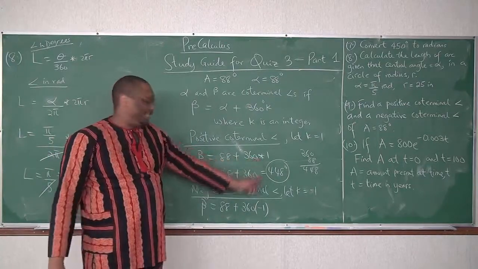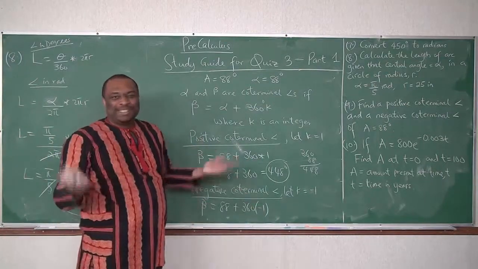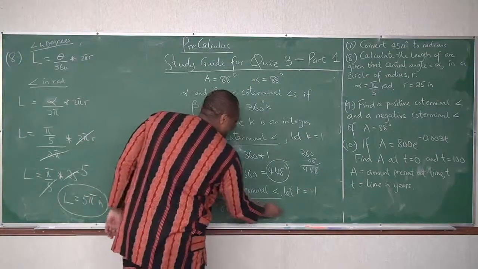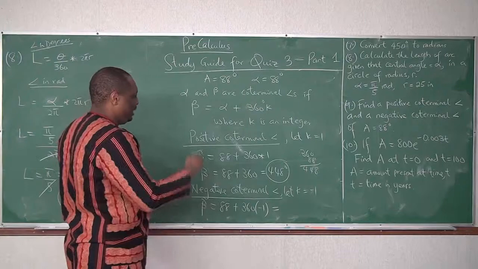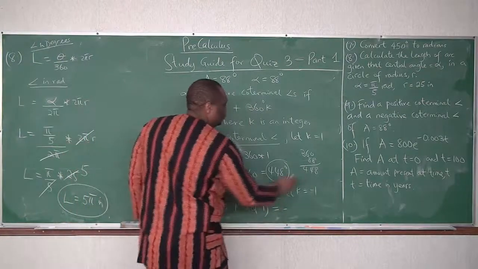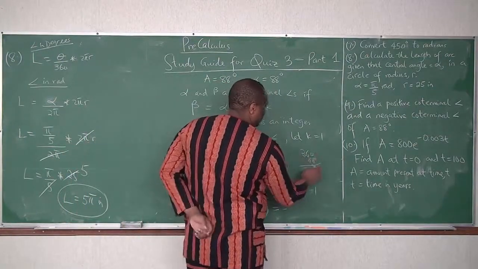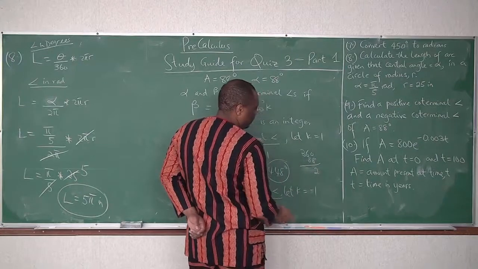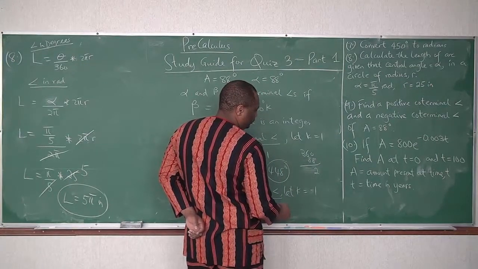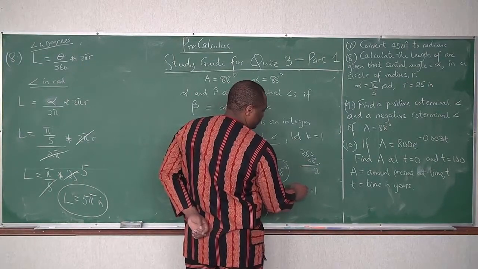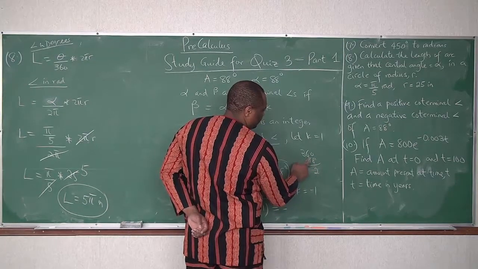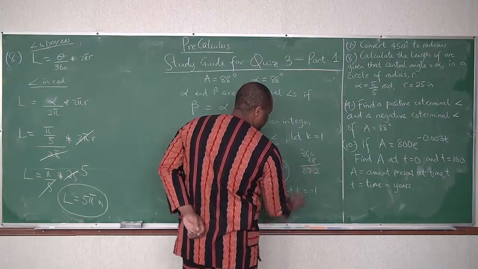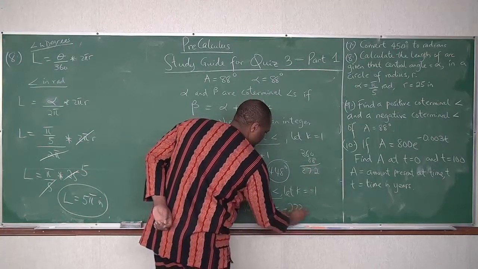Whether you use times like this or put it like this, it's the same thing. We subtract: 10 minus 8 is 2, 15 minus 8 is 7. So it is negative 272 degrees.